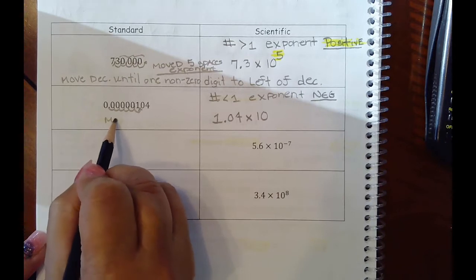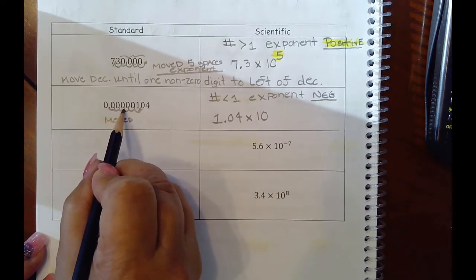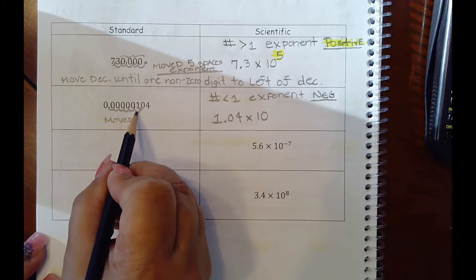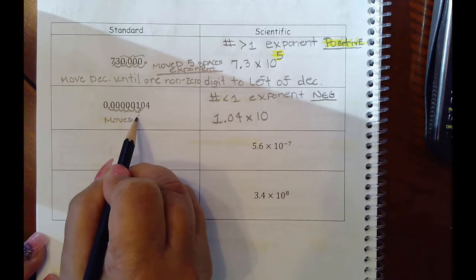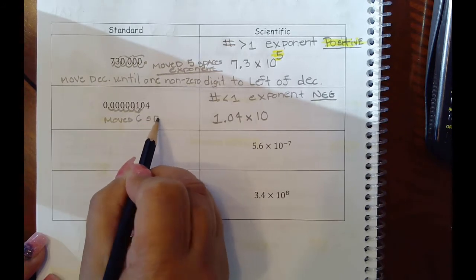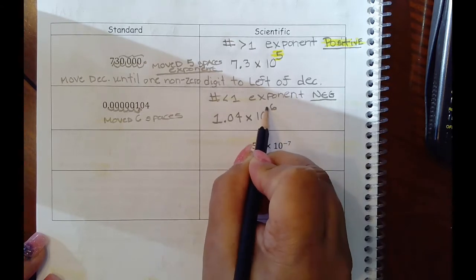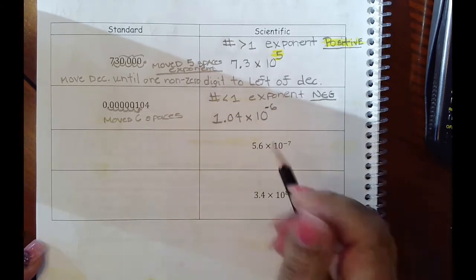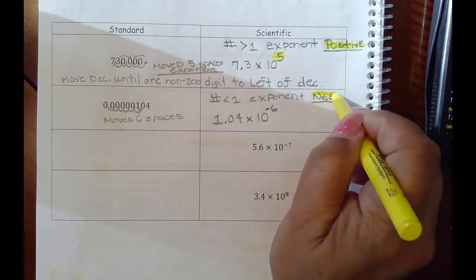In this problem, we moved 1, 2, 3, 4, 5, 6 spaces to get it properly placed. So this will be a 6, but it'll be a negative 6. And that's because the number was less than 1 to begin with.